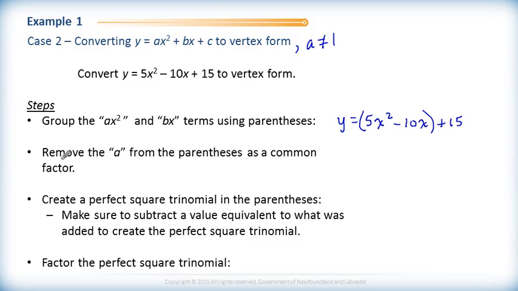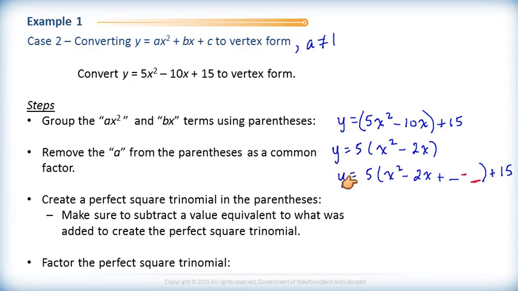So we're going to remove the a from the parentheses like it was a common factor. So I take the a out of the two terms, x squared minus 2x. Notice I do not take it out of the 15. That's not in the parentheses. So I need to create a perfect square trinomial inside the parentheses.